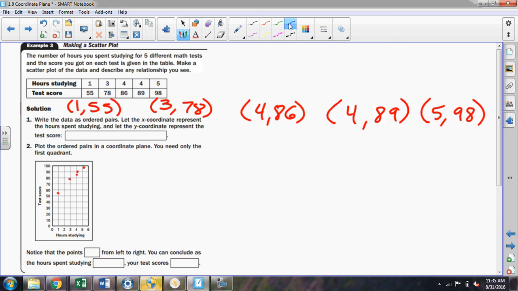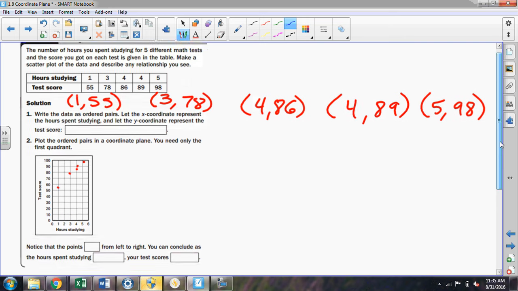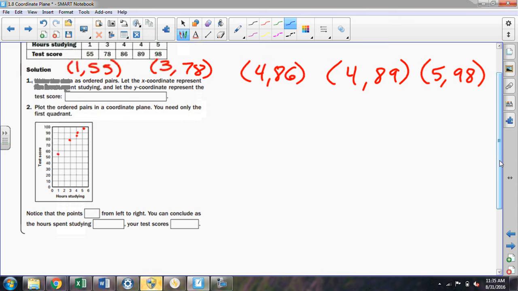So what we're noting, we've created our scatter plot. And what kind of trend do you see going on? The points are increasing from left to right.